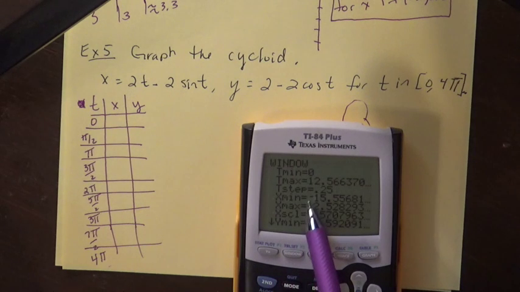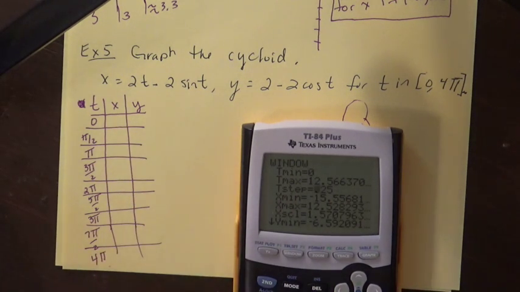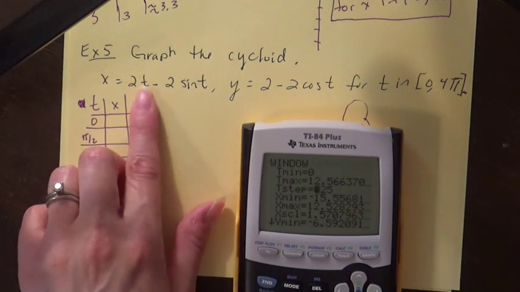Okay, x min, x max, we don't have that because we haven't calculated it, but I did earlier. It's the same scale that you would use for any graph, and with these being sine and cosine functions, you know that your sine is typically going to go from -1 to +1, but we do have some adjustments here.